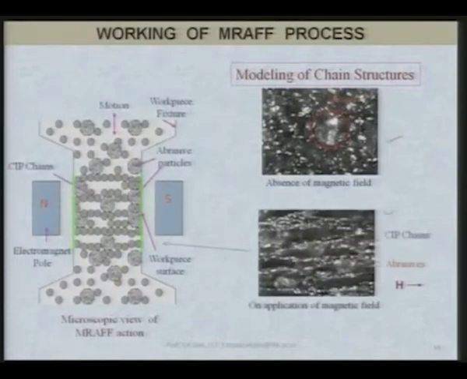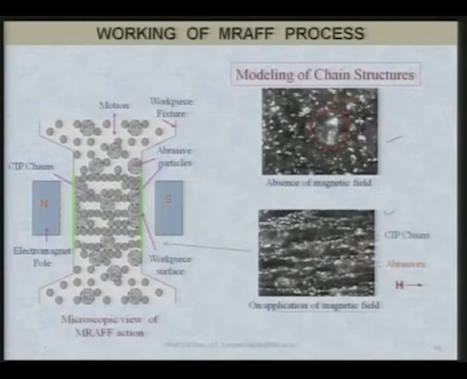Then we took another figure on the application of the magnetic field. That means, the electromagnet was supplied the current, magnetic field came into picture, and you can now clearly see the chains being formed. They are quite visible over here.